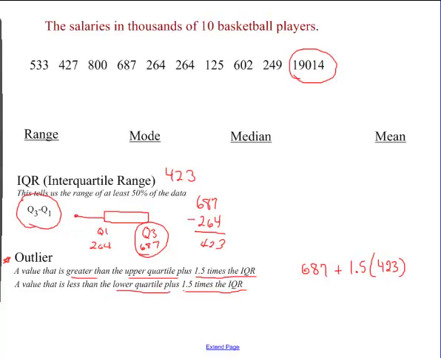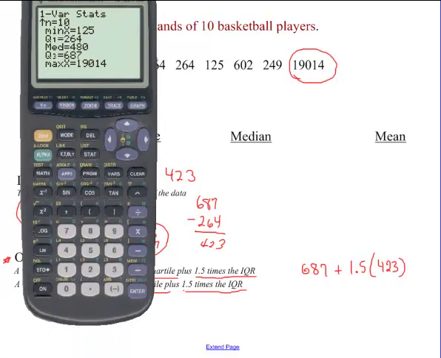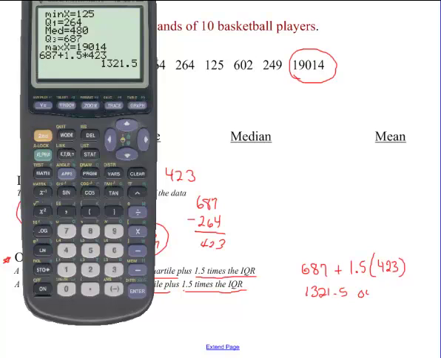If I do that math, 687 plus 1.5 times 423, this tells me that anybody who's above 1,321.5 is an outlier. In other words, their data is going to get thrown out because it's so much different than everybody else.